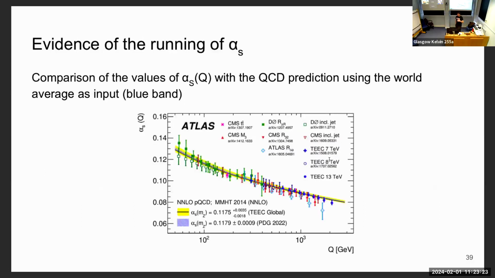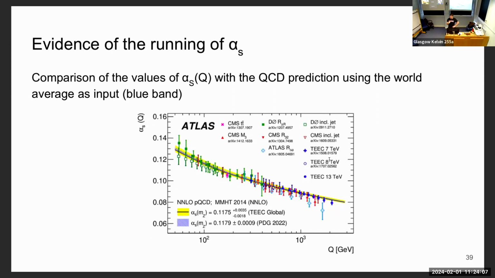Evidence of running alpha s is a very nice plot by ATLAS, where you have alpha s as a function of Q, and you see how different experiments confirm the running of alpha s. You have experiments from the past, like D0 at the Tevatron at Fermilab, and then modern experiments like ATLAS and CMS.